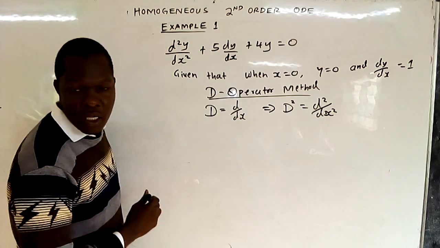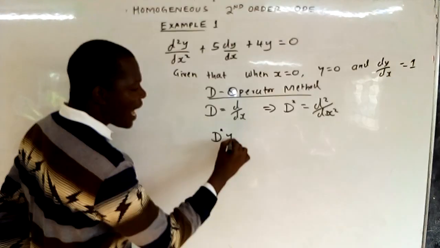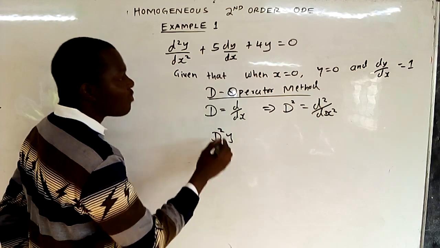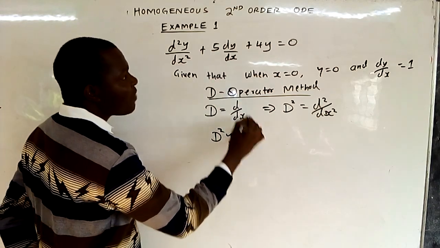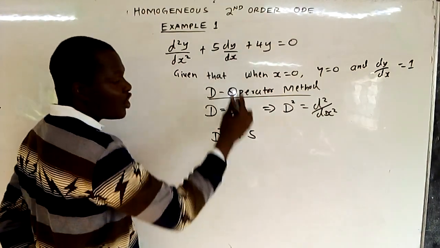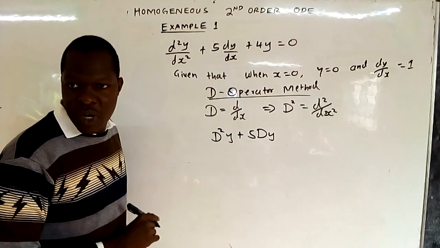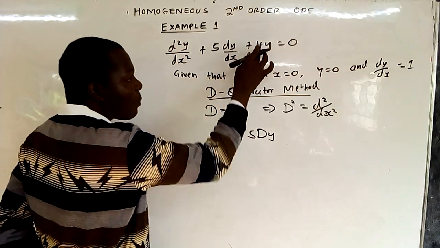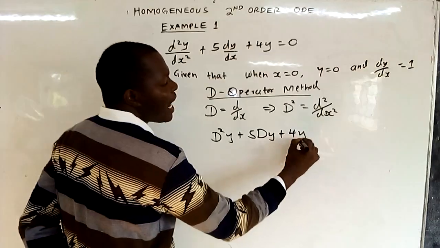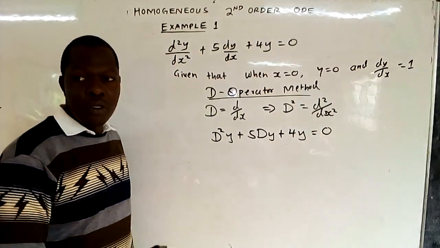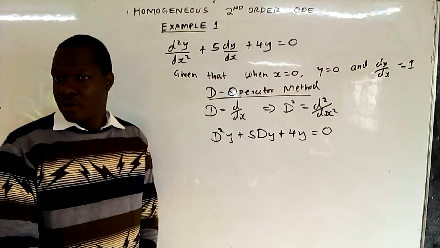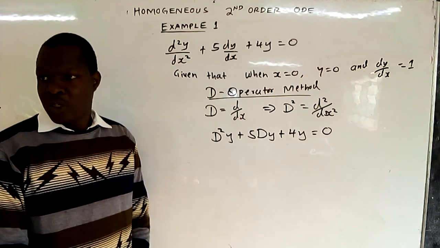So it is D squared of y, plus 5, d dx is D, so it is D of this y, plus 4y, to be equals to 0.